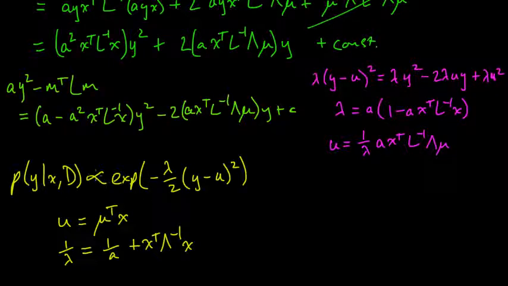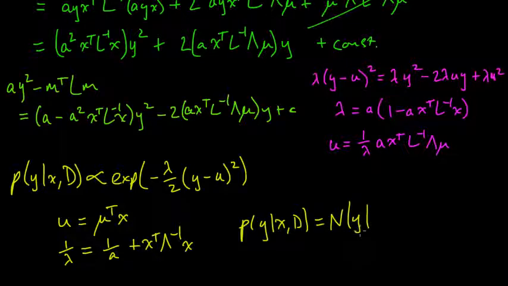So this thing, the posterior distribution, or the predicted distribution on y given x and d, is normal with these parameters. Let's go ahead and write that: it is normal over y with mean u and variance 1 over lambda.